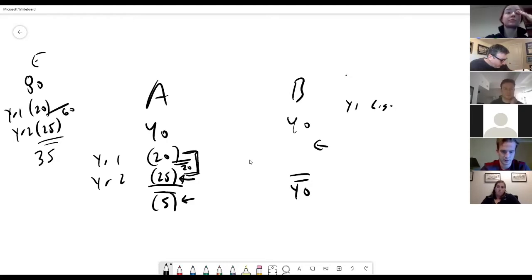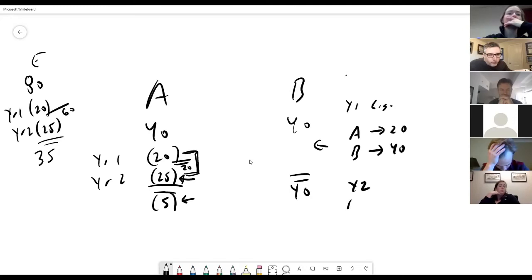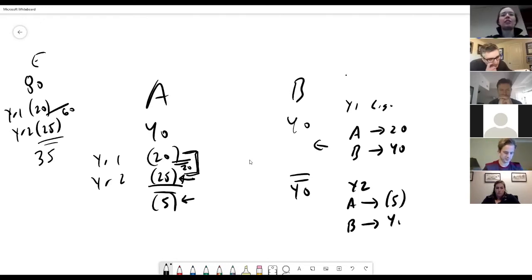It would go 20 to A and 40 to B. Liquidate at the end of year 2, it would go -5 to A. A gets a negative distribution, if you will, because A has to kick in 5, and B gets 40, right? The 35 of cash proceeds on the sale, plus A kicking in the 5, that gives 40. It's all going to go to B.